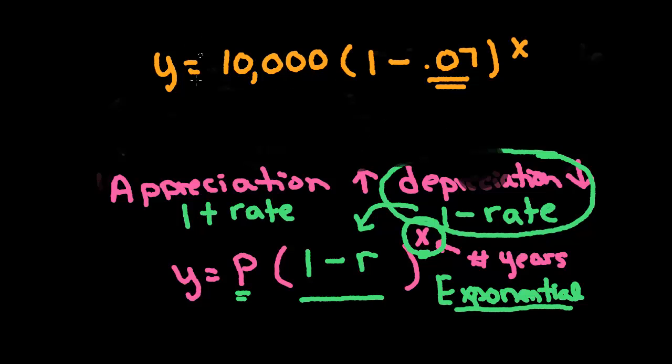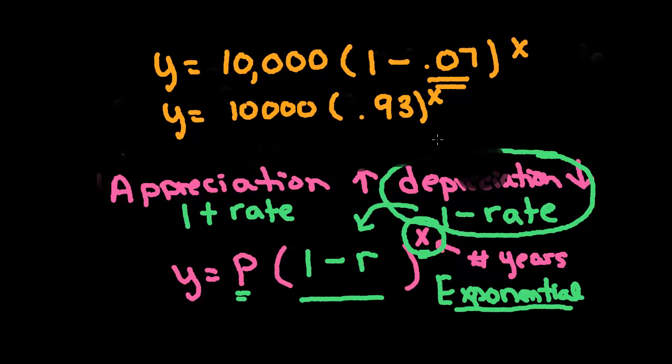So for this particular case, we would have y equals 10,000 times 1 minus 0.07. So we do that because it's in parentheses, and we know our order of operations says we always do parentheses first. Remember, please excuse my dear Aunt Sally. So we have 0.93 is what 1 minus 0.07 is equal to, and it's raised to the x.